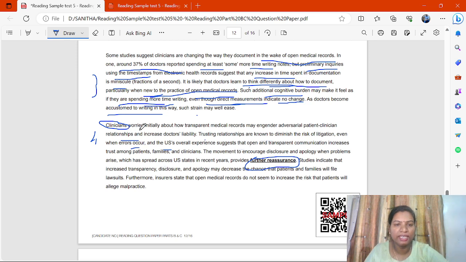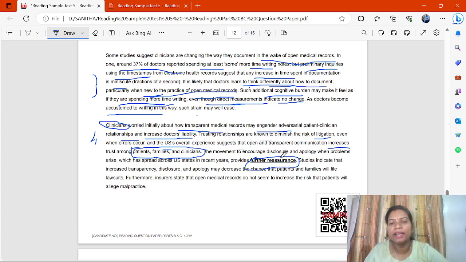Clinicians worried initially about how transparent medical records may engender an adversarial patient-clinician relationship and increase doctors' liability. Trusting relationships are there to diminish the risk of litigation even when errors occur. The US overall experience suggests that open and transparent communication increases trust among patients, families, and clinicians. All together they are saying patients, families, and clinicians.